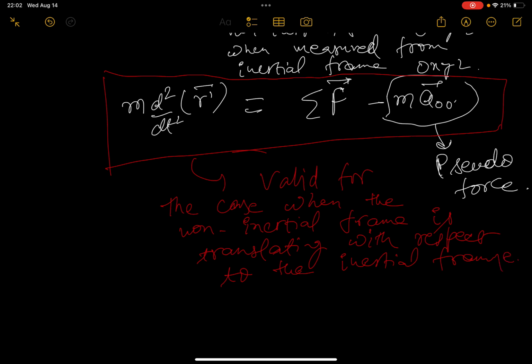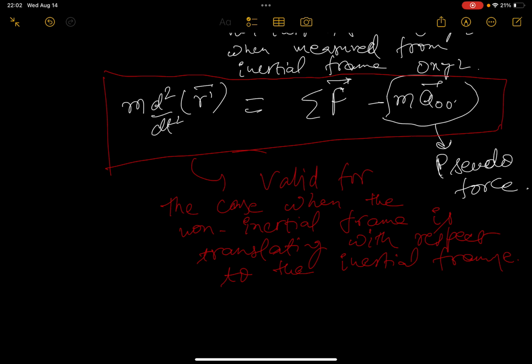Now there is one more interesting thing that I want to discuss. Even though the net external force acting on the body as observed from the non-inertial frame of reference is 0, even in that case the body may move. For example, I have discussed the example of you driving a car.